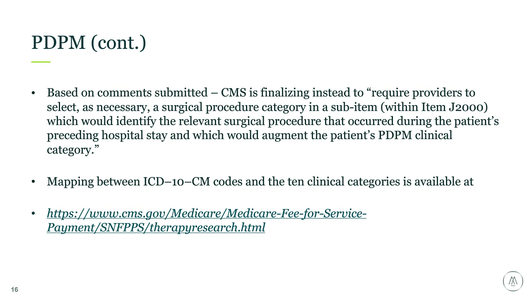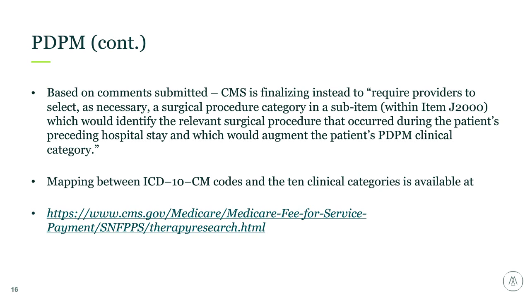In this case, they actually took the comments to heart and changed that, so that the final rule said that instead, CMS would require providers to select, as necessary, a surgical procedure category within item J2000 of the MDS that would represent the relevant surgical procedure that occurred during the patient's preceding hospital stay, which would augment the patient's PDPM clinical category.